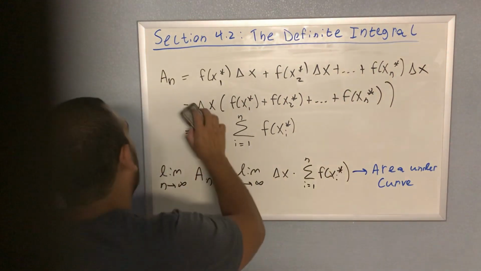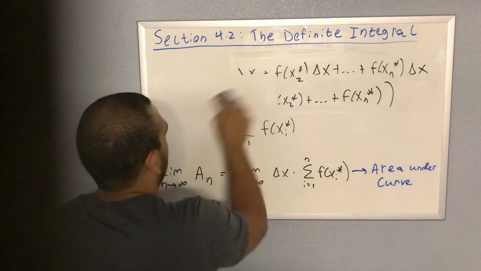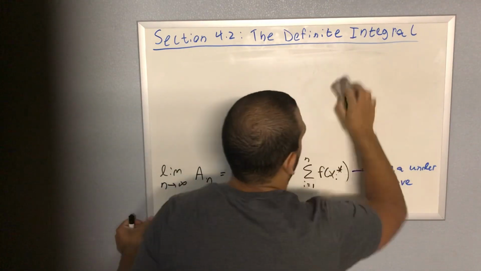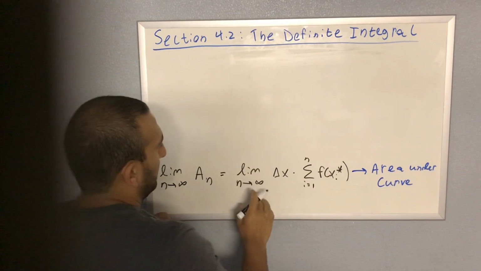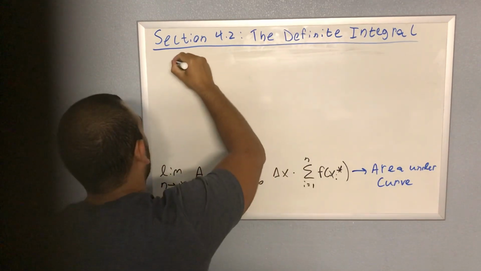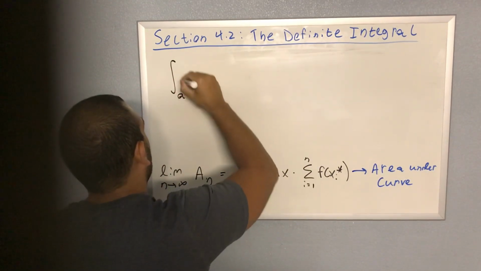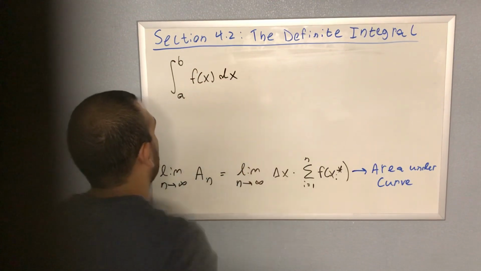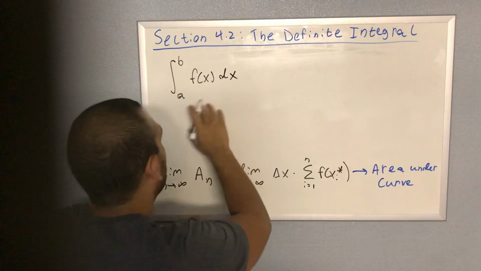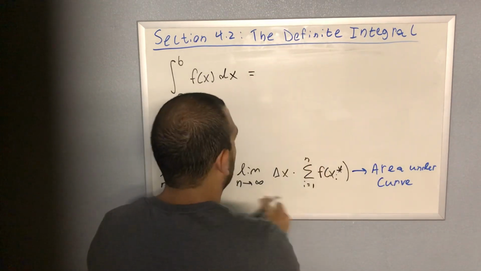And now we define it like this. Now here's where the new notation comes. So instead of writing this, we're going to write this, and I'll tell you how we read this in a second. This literally equals this.